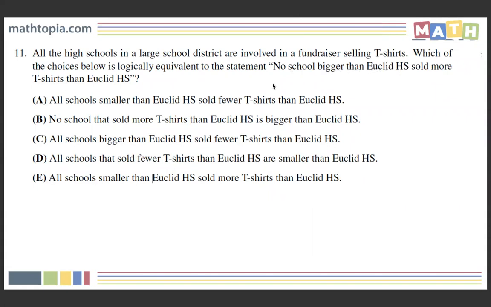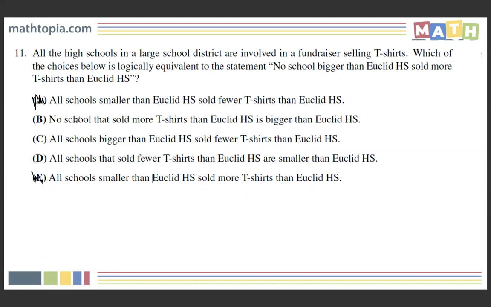In particular, it's saying that if you have a school that is bigger than Euclid HS, then they definitely did not sell more t-shirts than Euclid HS. So that is a statement about schools bigger than Euclid HS, not schools smaller than Euclid HS. Thus, statements such as A and E are wrong because they're trying to say something about the smaller schools when the original statement didn't even talk about that.